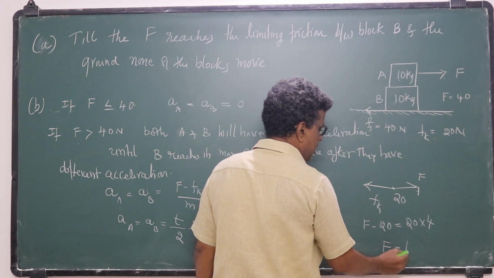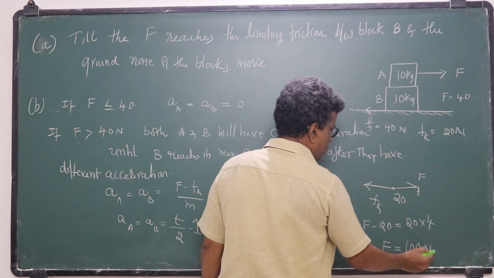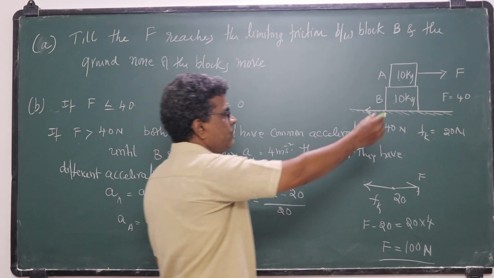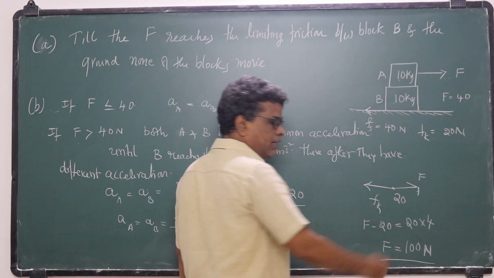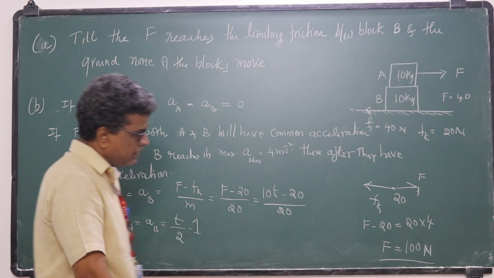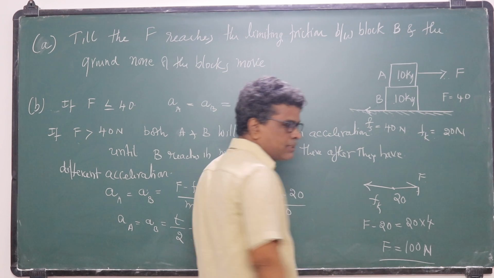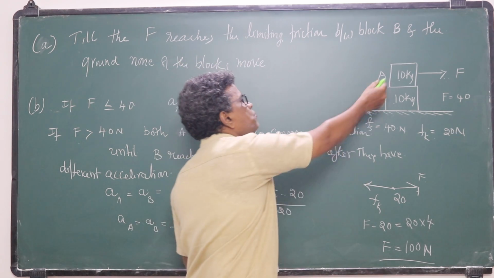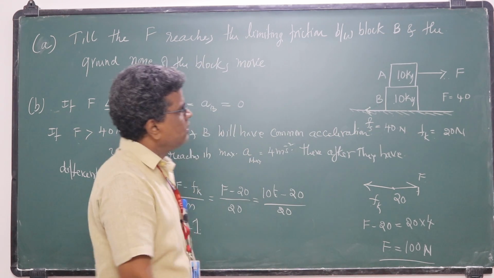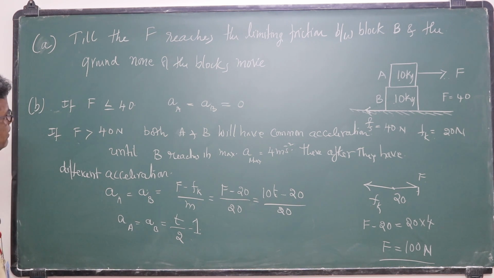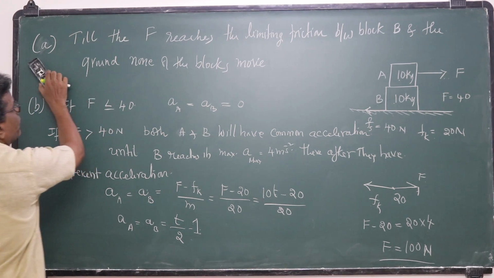So F becomes 100 newtons. The force is gradually increasing, and up to 100 newtons these two blocks move together. Thereafter, they will have different accelerations.